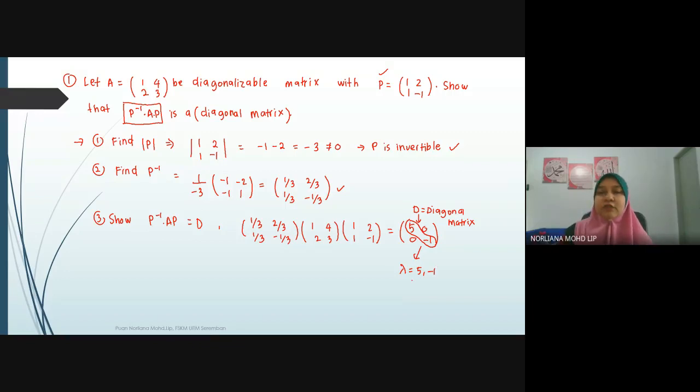This is for the case where P is given. We can prove it using this method if the value for P is given.